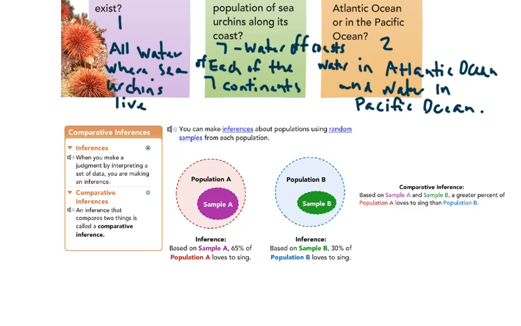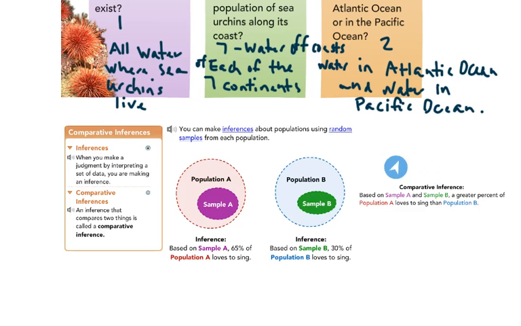So if you look at the diagrams here, population A and sample A, population B and sample B, you can see that an inference for population A, based on the sample A, is that 65% of population A loves to sing. An inference for population B would be that 30% of population B loves to sing.